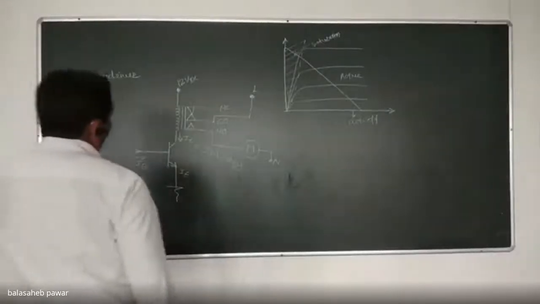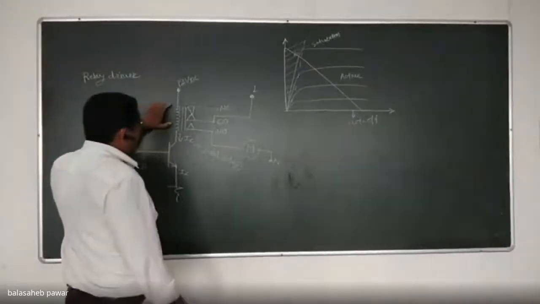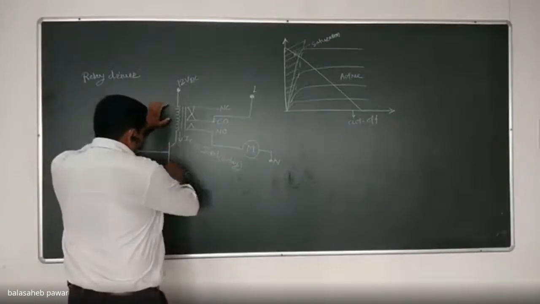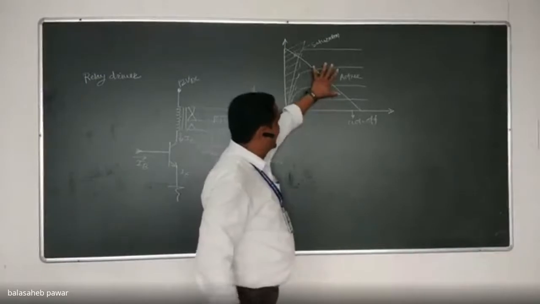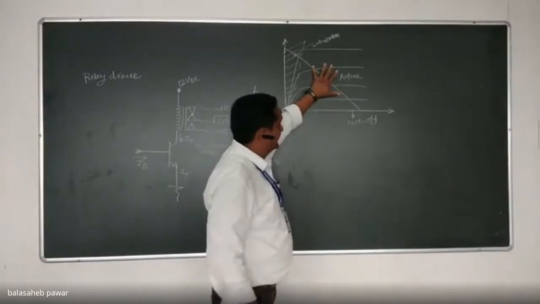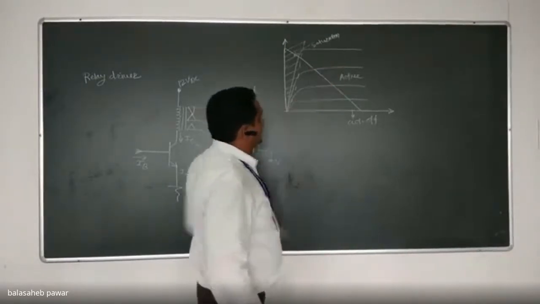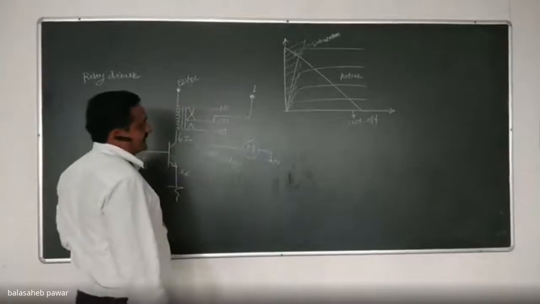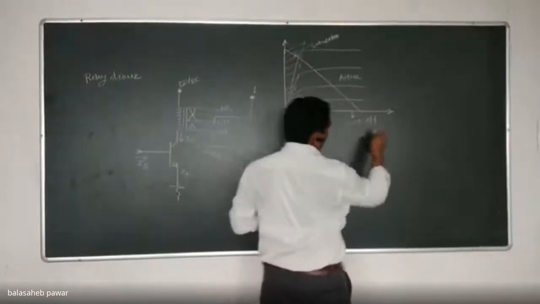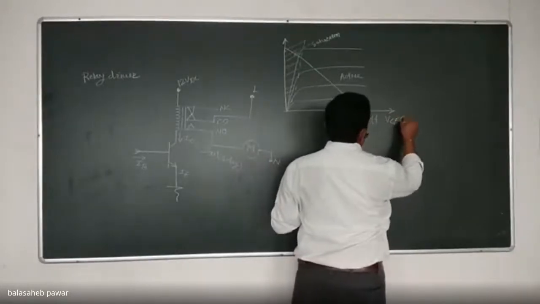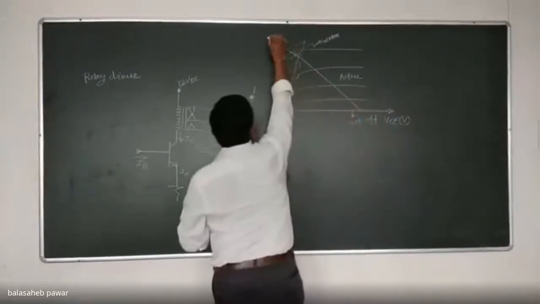Now, our application is as a switch over here for this transistor. That means it should not work into this active region, right? So to force that transistor either to work into the saturation region or cutoff region, what we have to do?